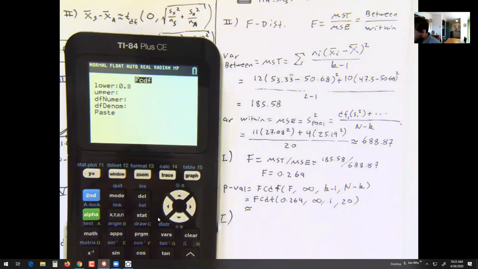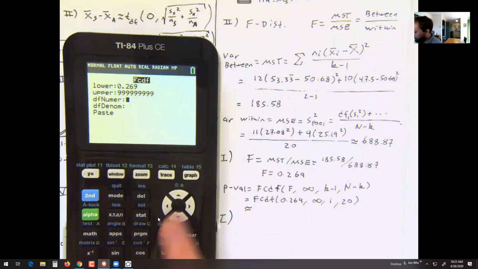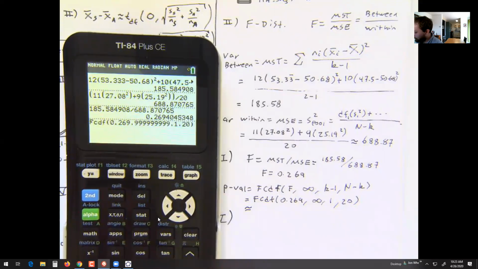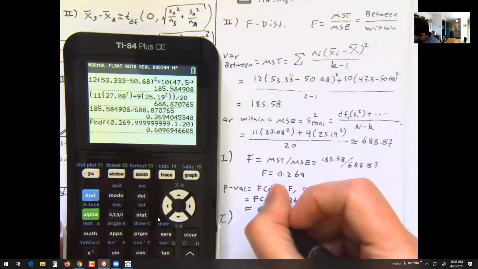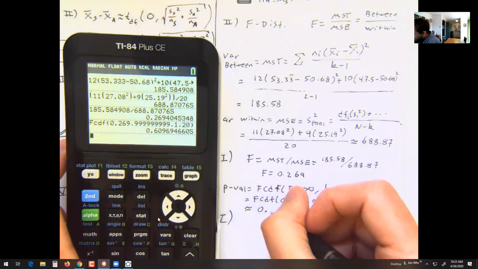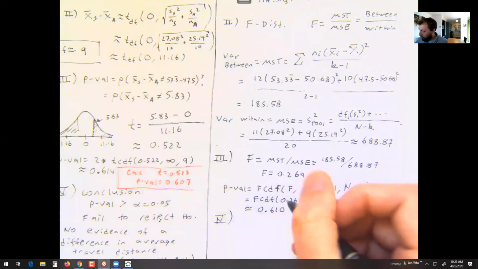My low value is this 0.269. Upper value is infinity, just a whole bunch of 9s. First degree of freedom was 1. Second degree of freedom was 20. When I did this, this gave me a p-value of 0.610 if I round a little bit.